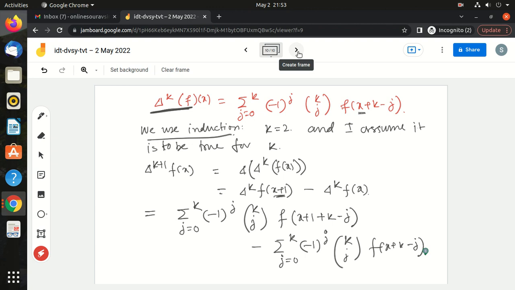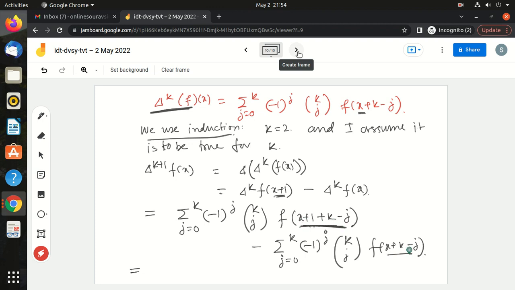So is it okay until this, students? Yeah. Okay, very nice. So now I'll have to accommodate somehow all those terms which have the same coefficients.